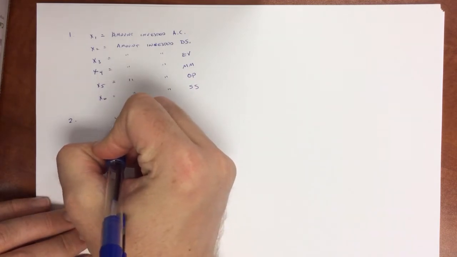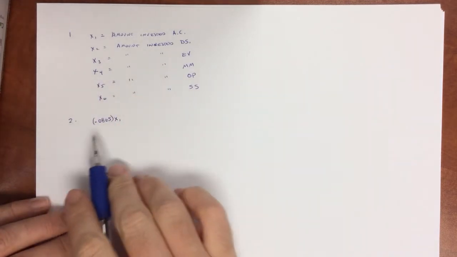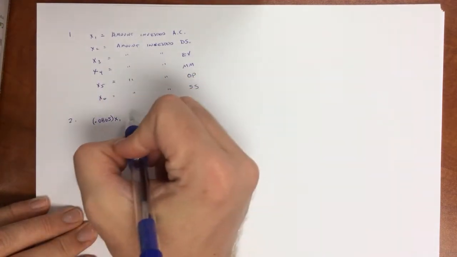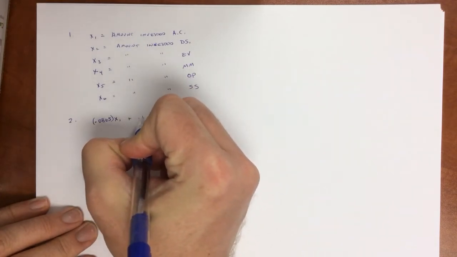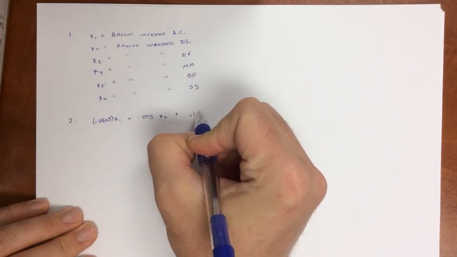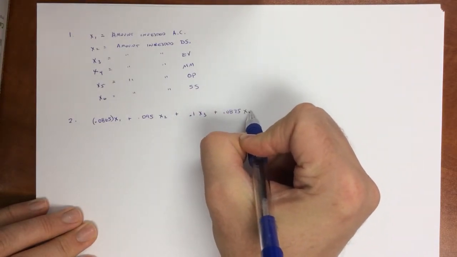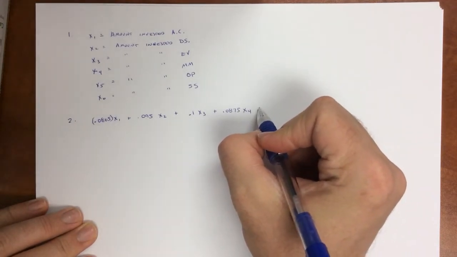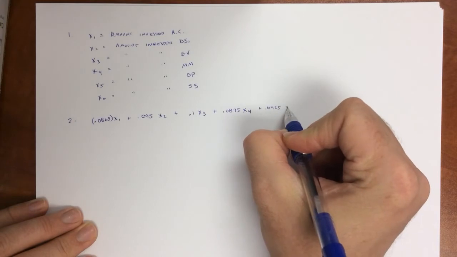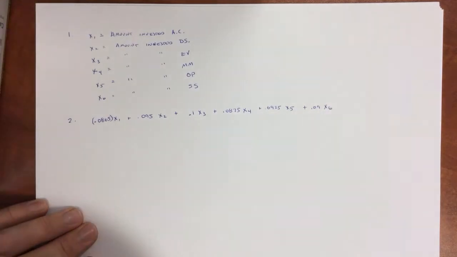So if the return on Acme Chemical is 8.65%, that means for the amount we have in X1, we'll get 0.0865 times that amount, plus 0.095 times the amount we put in X2, plus 0.1 times the amount we put in X3, plus 0.0875 times the amount we put into Micromodeling, plus 0.0925 times the amount we put into OptiPro, plus 0.09 times the amount we put into Sabre Systems.